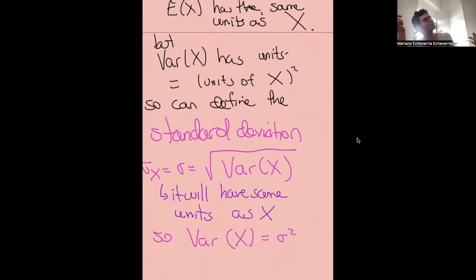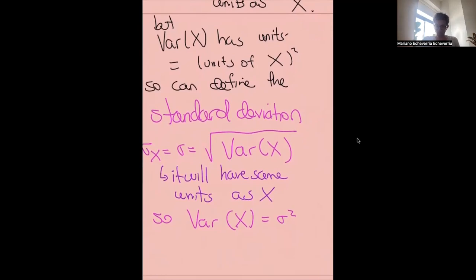A lot of information is already contained in the first and second derivatives. The analog of that is the expected value and the variance, and they give you a lot of information about the random variable.